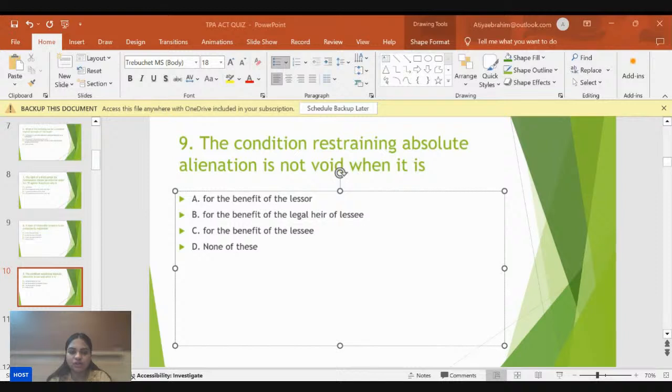I'm receiving an answer D, but for question number 9, the correct answer is A, for the benefit of lessor.